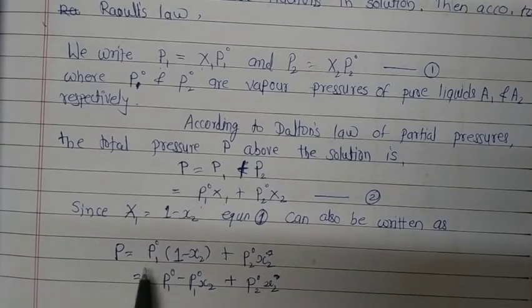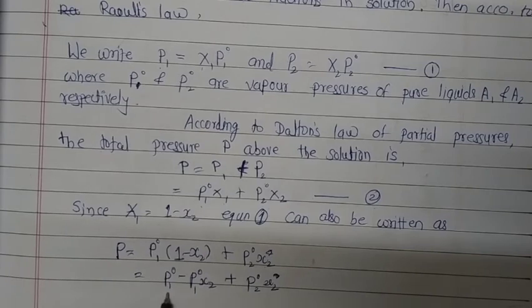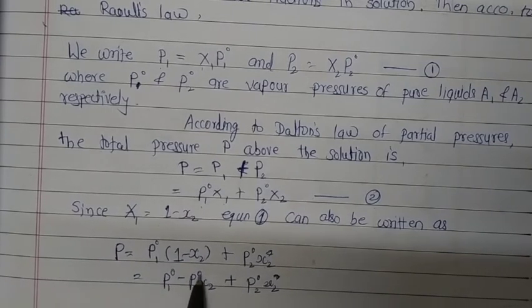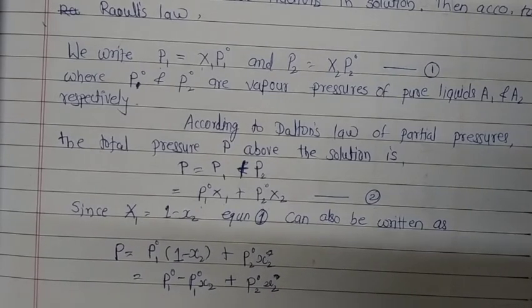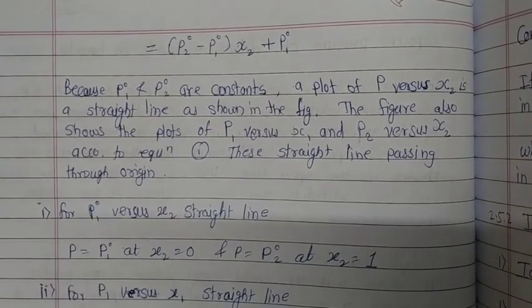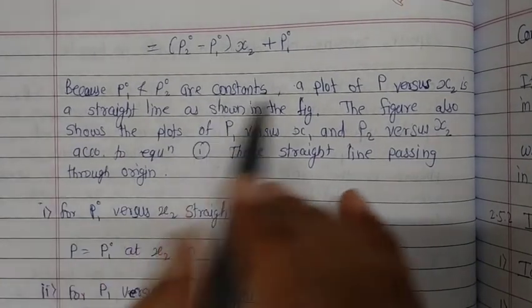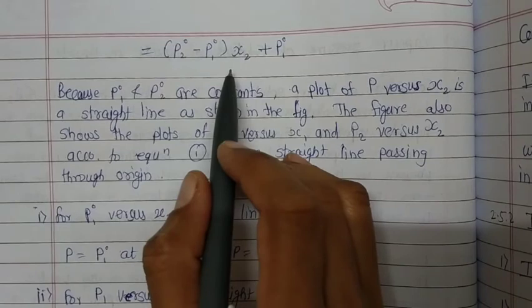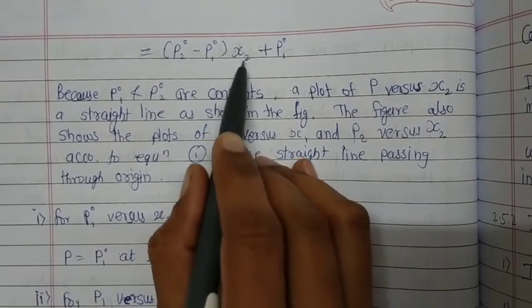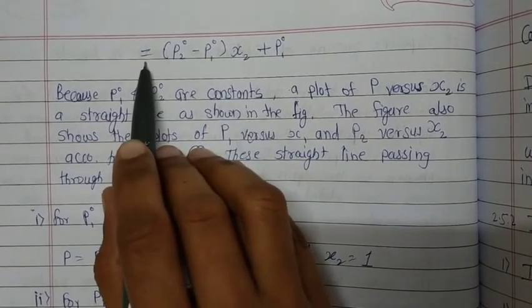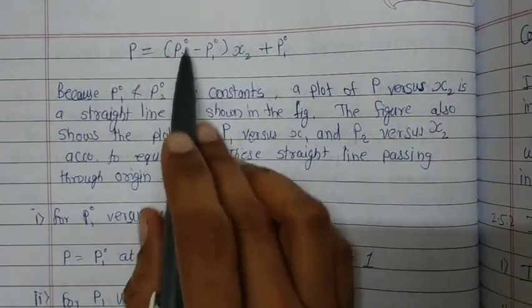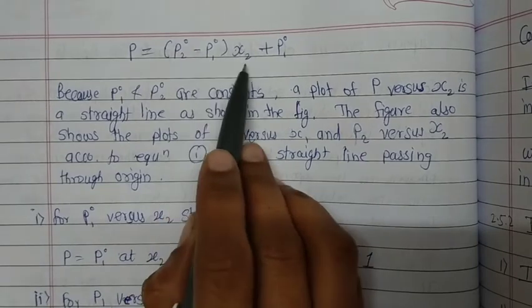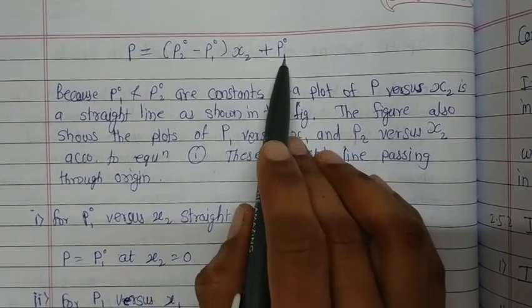Multiplying P01 into the bracket, we get P01 minus P01 X2 plus P02 X2. Now we can take X2 as common. So the equation becomes P is equal to (P02 minus P01) X2 plus P01.